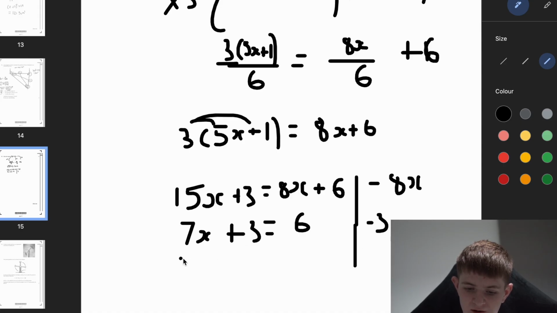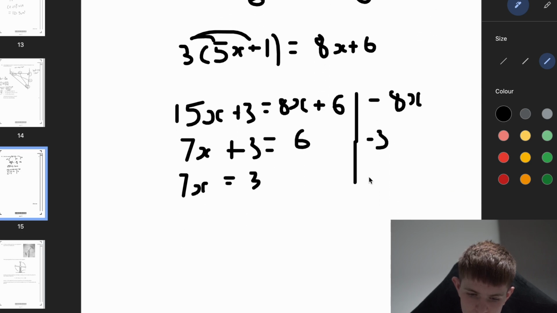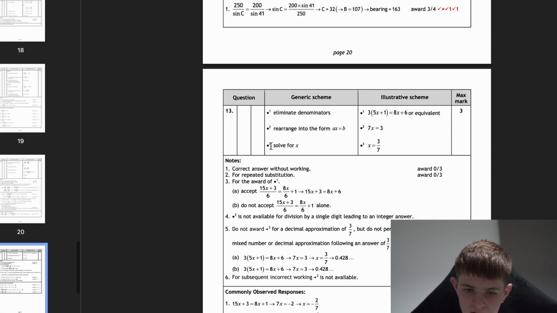Then going to get rid of the 3, so I'm going to take away 3. 7x equals 3. I'm going to divide by 7. So x equals 3 over 7.